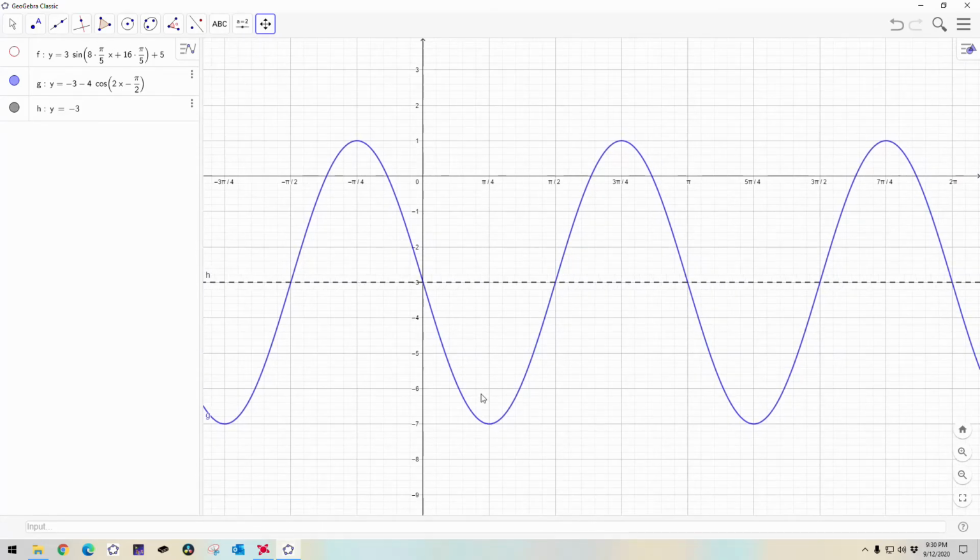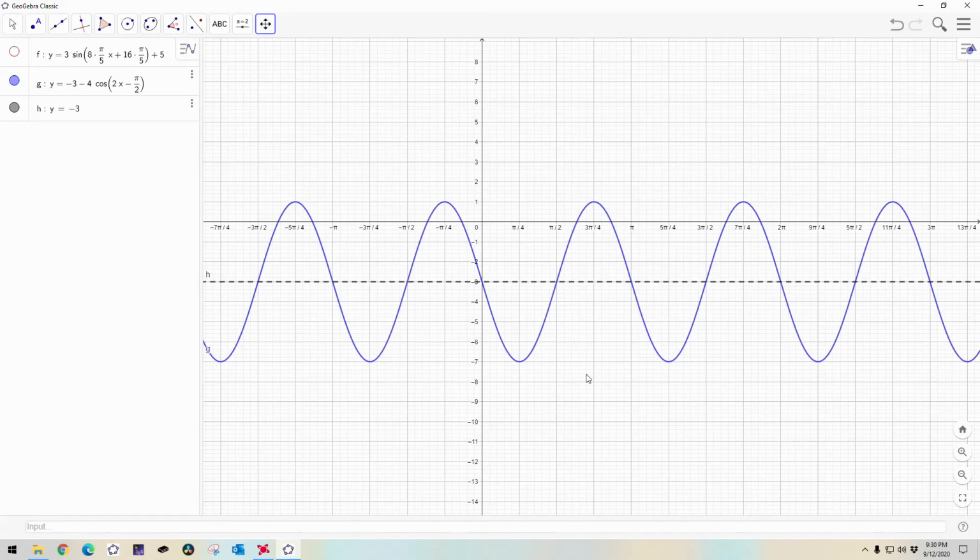We have this negative cosine function starting at the pi over 4, which was the shift to the right. And of course it hits the center line at the pi over 2, which is 2 pi over 4, peaks out at 3 pi over 4, hits the center line at 4 pi over 4, bottoms out at 5 pi over 4, and so on, the same way that we were predicting on our other model.